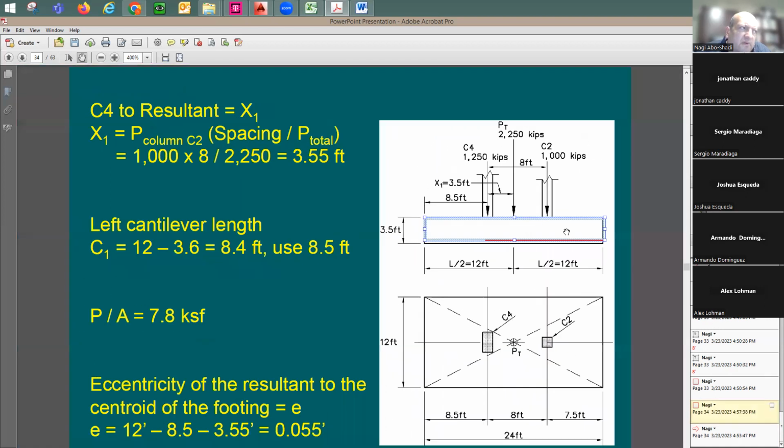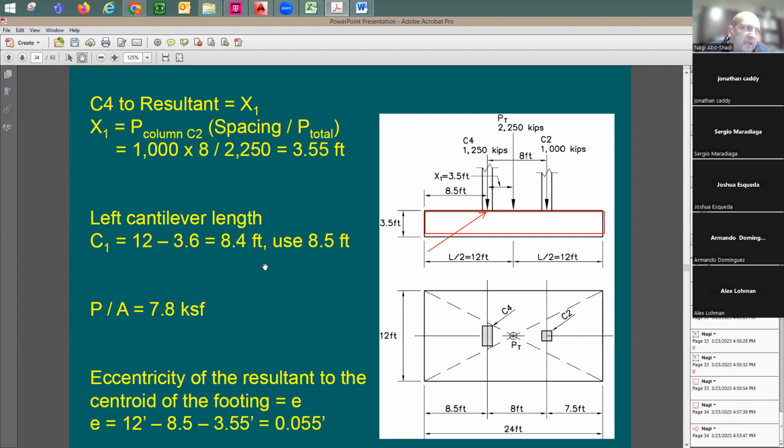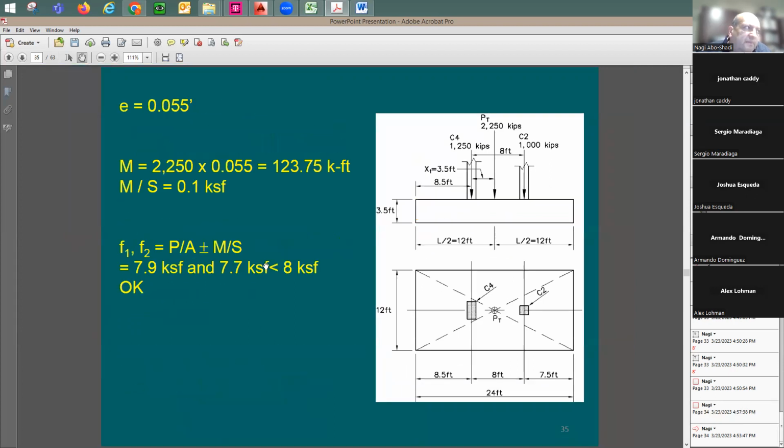This shift, or this spacing, is actually equal to 0.05 of a foot. So I still have a little bit of a moment, but the moment is going to be very small. Why? Because e is very small. I don't have e of, let's say, half a foot. It's going to be a tenth of that, 0.05 of a foot. So it can be disregarded if you like.